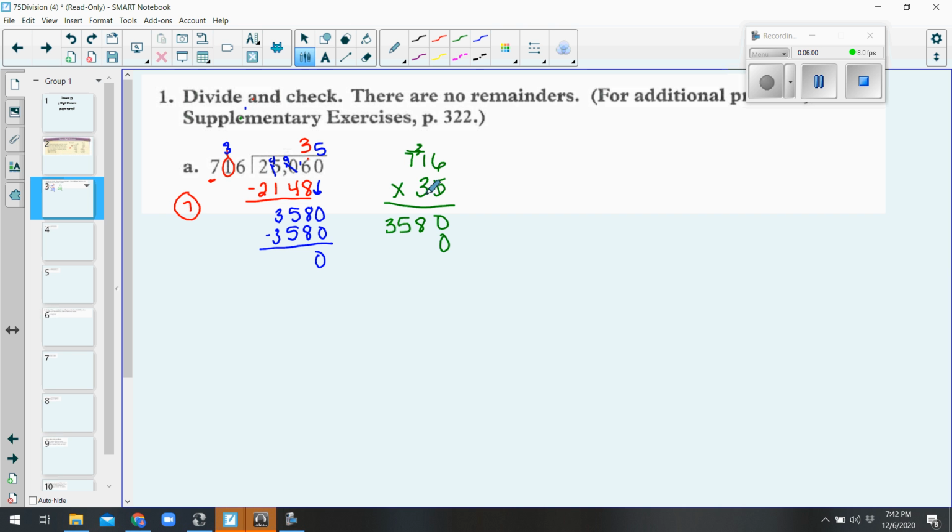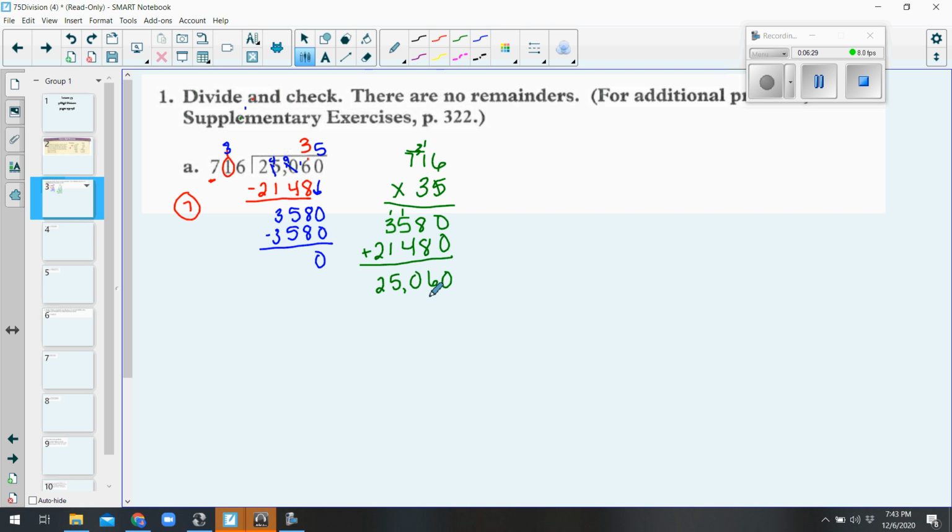Go to your 3. 3 times 6 is 18. 3 times 1 is 3, plus my 1 is 4, and 3 times 7 is 21. Now I'm ready to add this up, and I get 0, 6, 1 and 5 is 6, and 4 is 10, and 1 and 3 is 4, and 1 is 5, and 2.